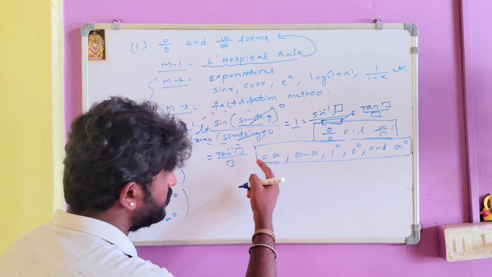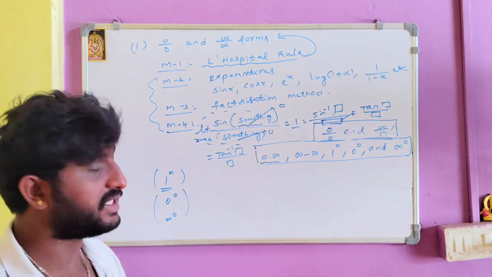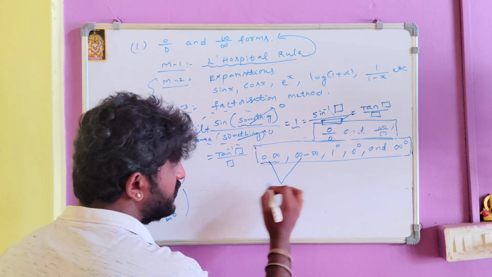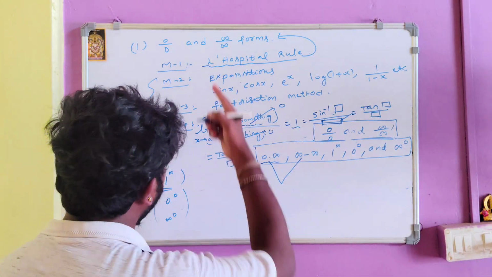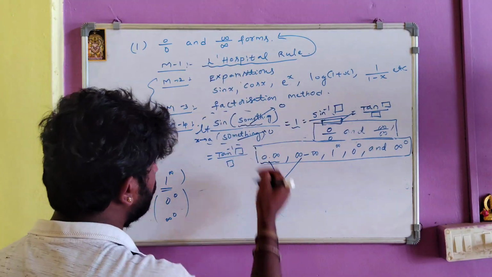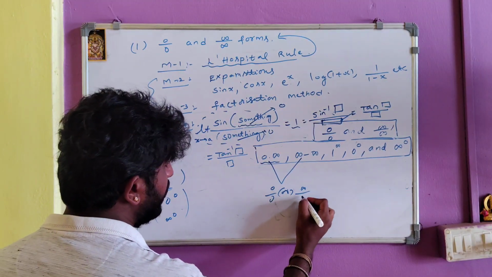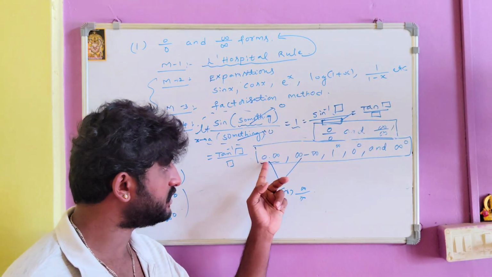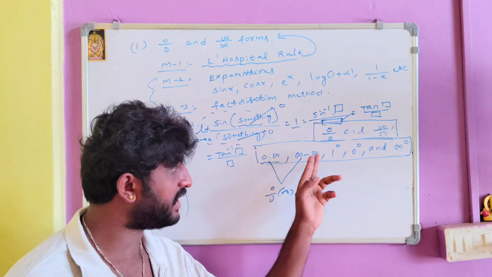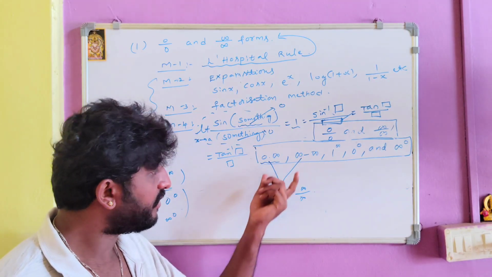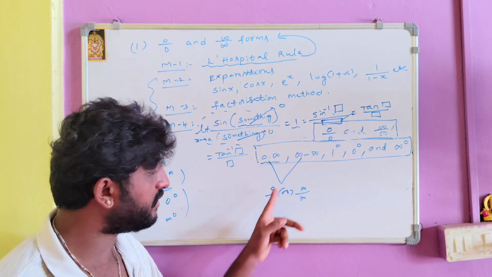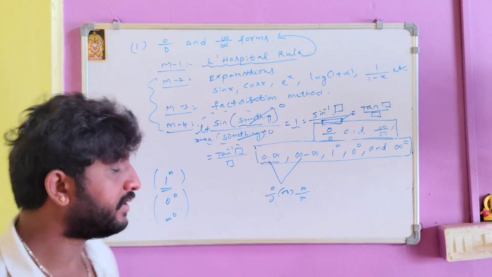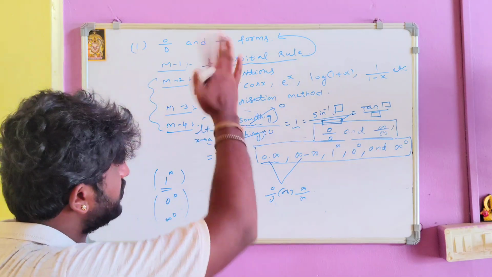For these two forms, 0 into infinity and infinity minus infinity, we need to convert them into 0 by 0 or infinity by infinity forms, then further apply any of these methods.